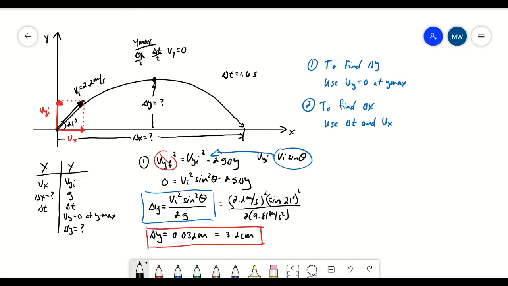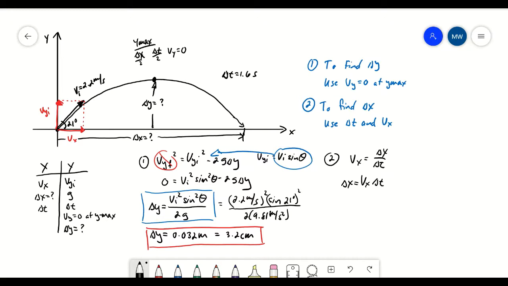So that's the height. For part number 2, we want to find what our delta x is equal to. Well, we've got Vx equals delta x over delta t. And remember, there are no kinematics for this, no acceleration in our x direction. If I rewrite this for delta x, it's just Vx times delta t.